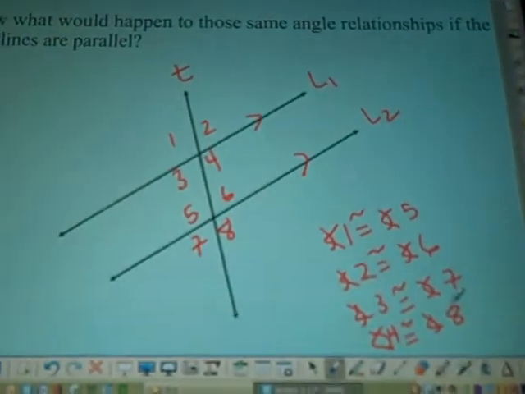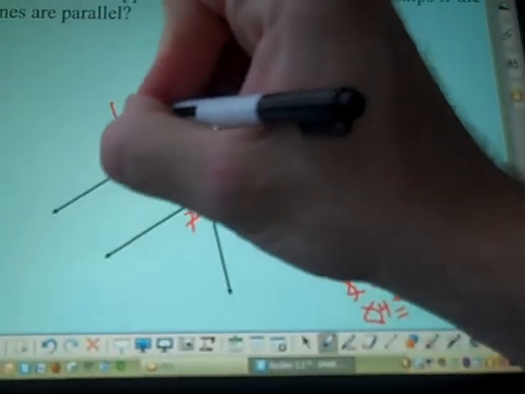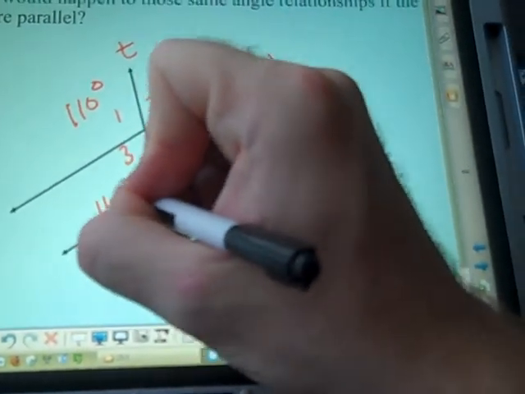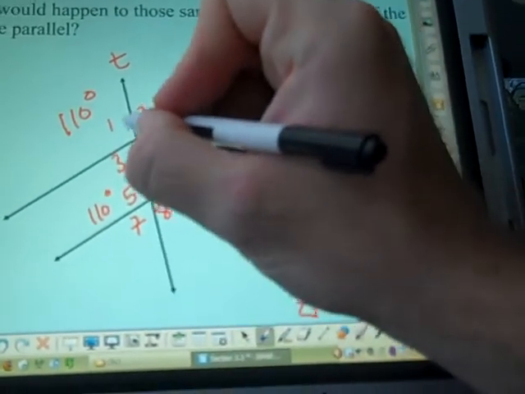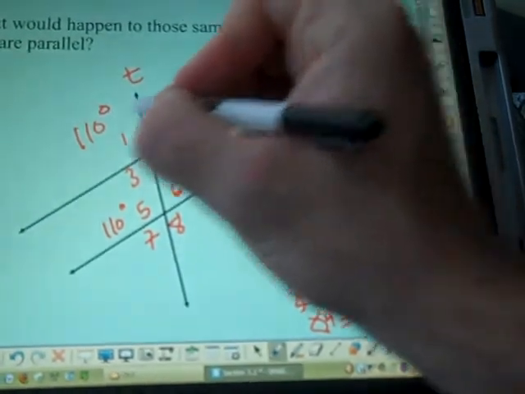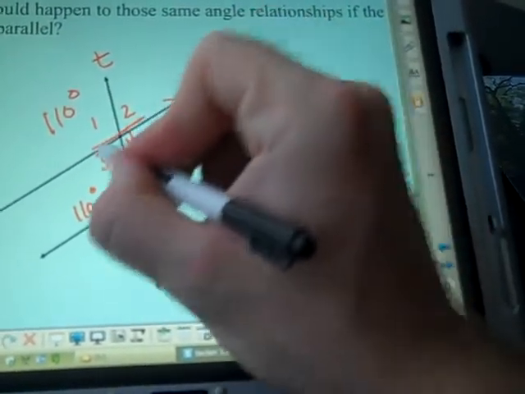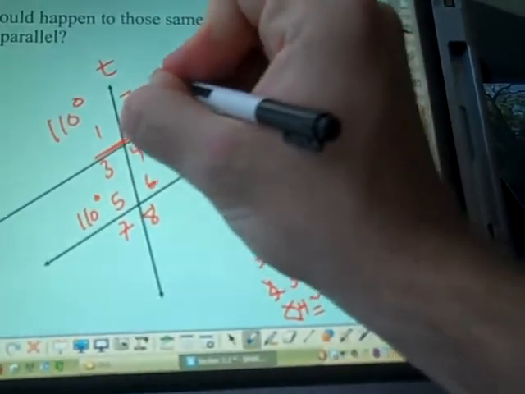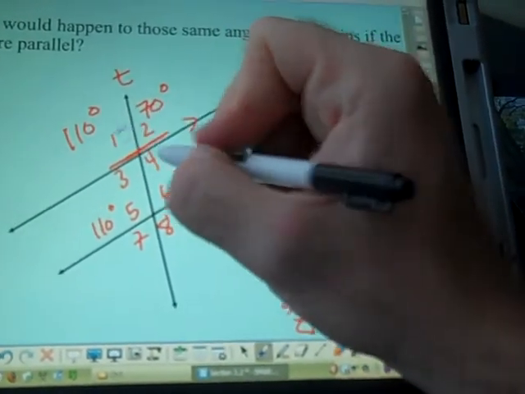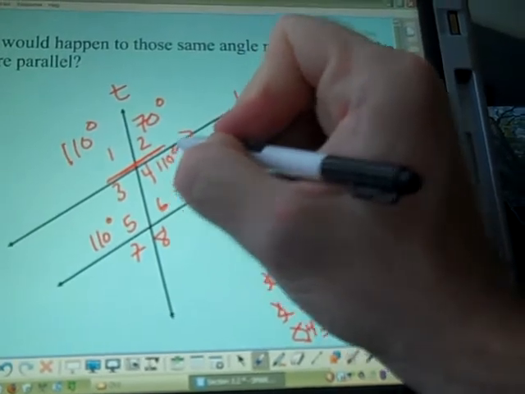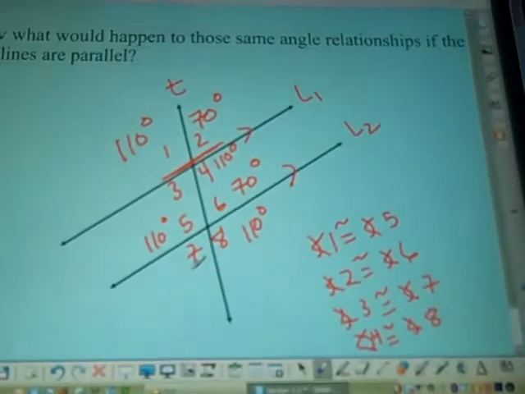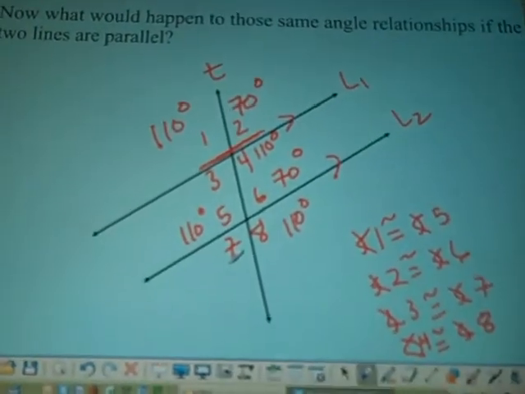That's what postulate 15 says, meaning that if this is 110 degrees, then angle 5 is 110, which means that angle 2 would be what? Well, if this is 110, we can use the idea of a linear pair to come up with 70 degrees, which means 6 is 70 degrees. Vertical angles tells me that 4 is 110, which means 8 is 110. And likewise with 3 and 7, they would be 70 degrees.